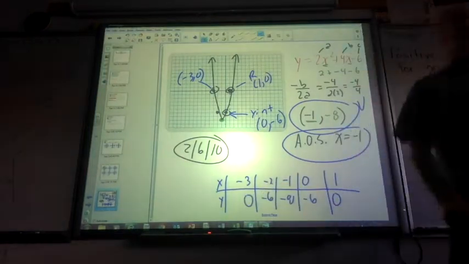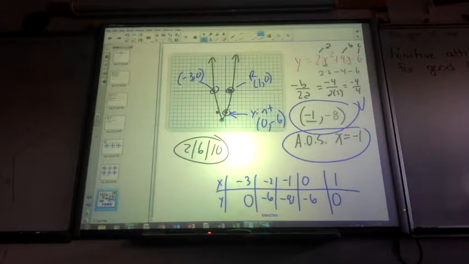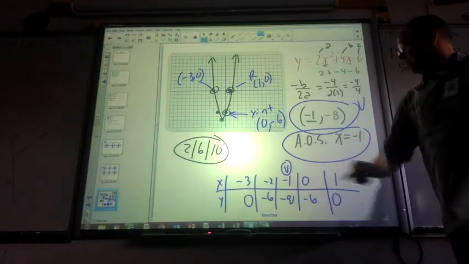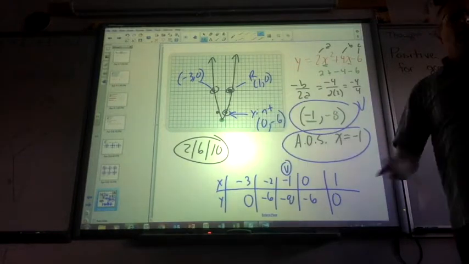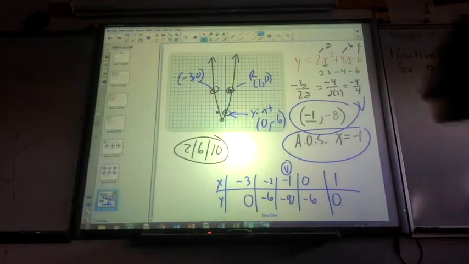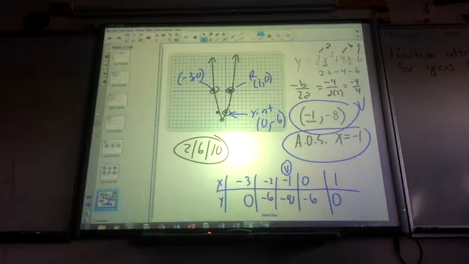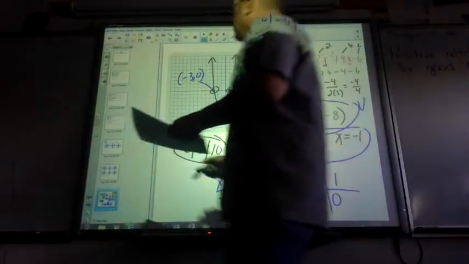I filled out the table without plugging my information back into the problem. I put my vertex right in the middle, and because of my pattern graphing, I was able to find where it crosses those points. That's a 6-point problem. Got it? All right, let's move down the page.